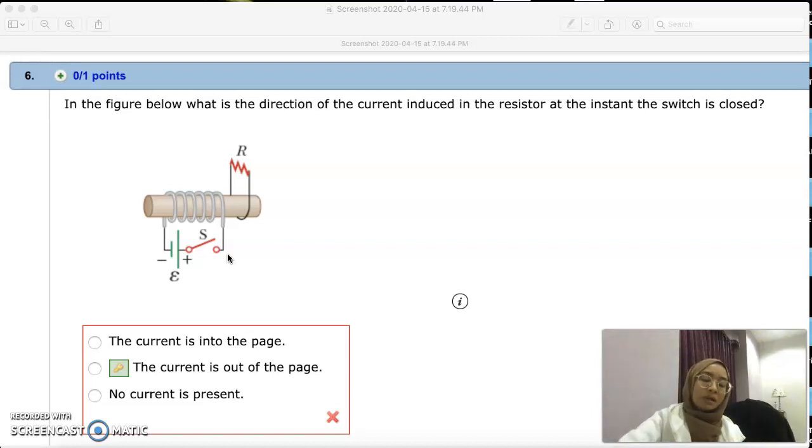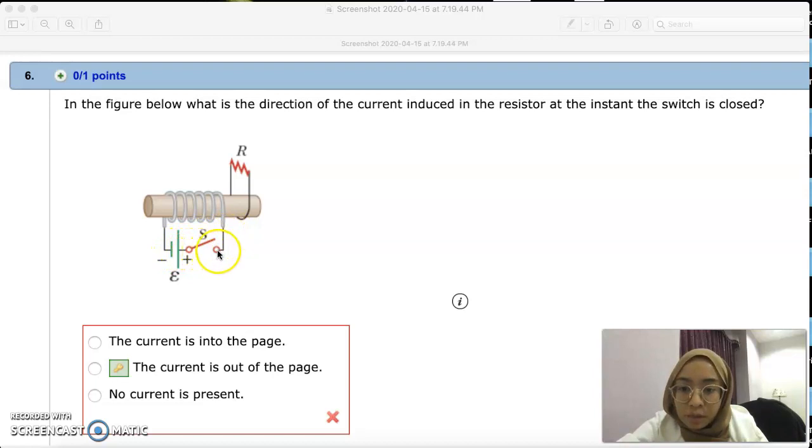So how do we determine the magnetic field of this particular solenoid? If you remember how to find the direction of magnetic field, we need to identify the direction of current flowing in the front part of the solenoid. Let's take a look at this solenoid.